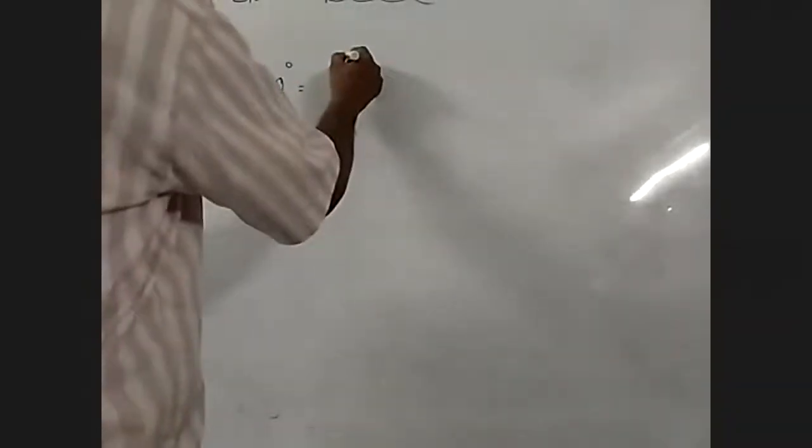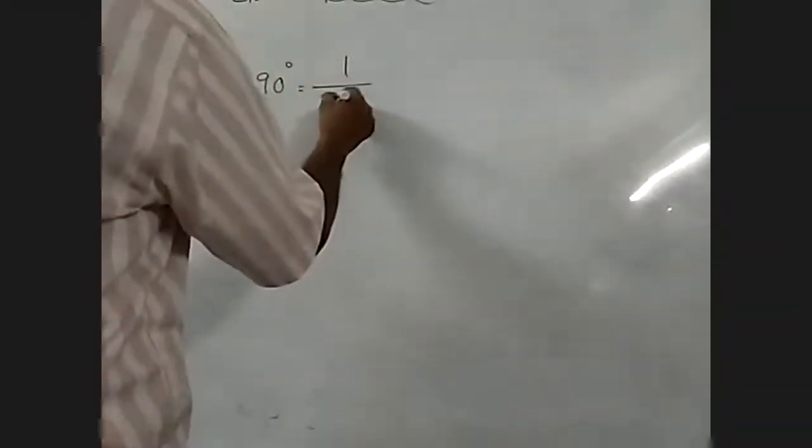Next, fourth one, cosecant 90. To find the value of cosecant 90, you have to use the reciprocal or use the ratios. So now I am using the reciprocal: 1 by sin 90.